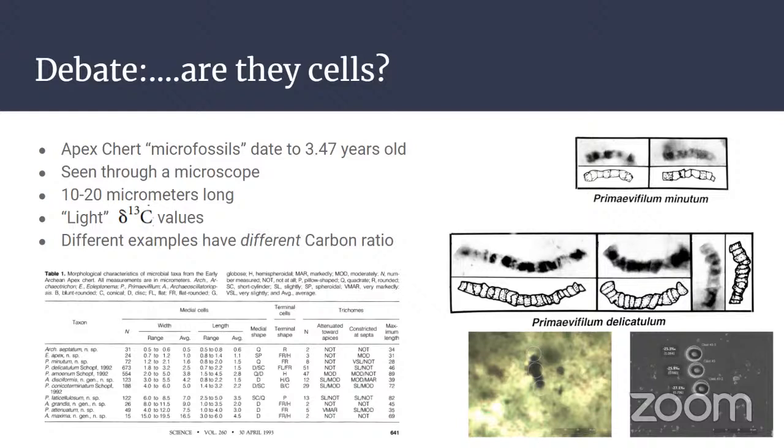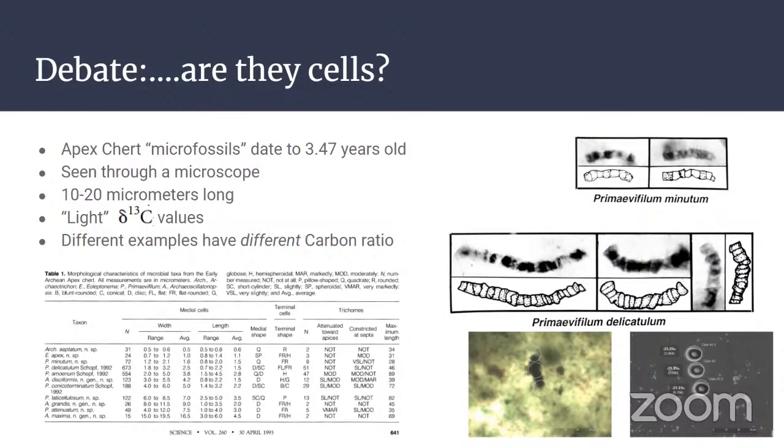So these microfossils, they are interpreted as fossils, but as we'll see, there's some debate. They date to about 3.47 billion years old. We can date these rocks in ways similar to how we dated those zircons when we were trying to find the oldest rocks. We're going to see these through a microscope because they are 10 to 20 micrometers long.